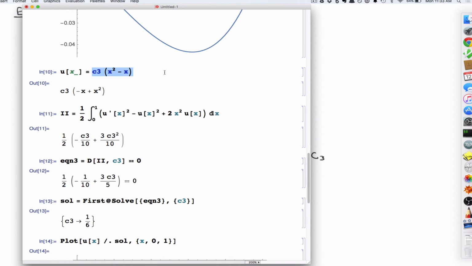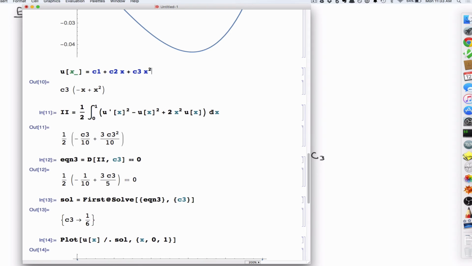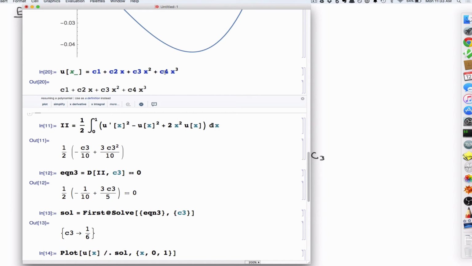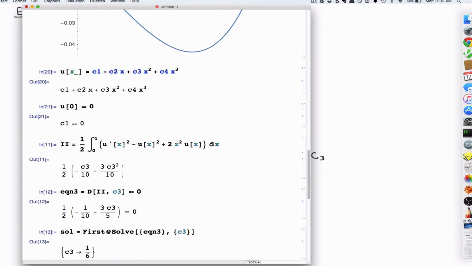So let's just go back to a generic form: C1 plus C2x plus C3 x squared plus C4 x cubed. Okay. Now we have to make it satisfy the boundary conditions. So u at 0 must equal 0, and we'll solve this for C1.